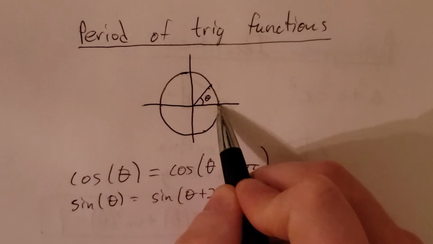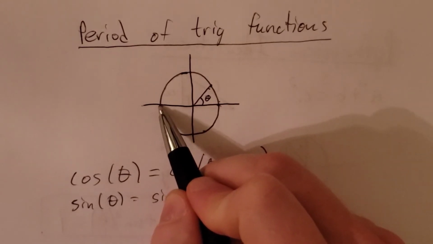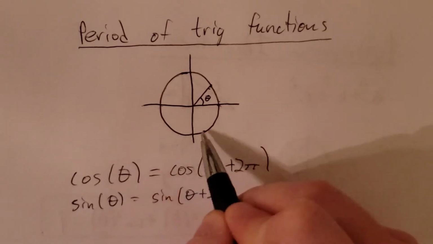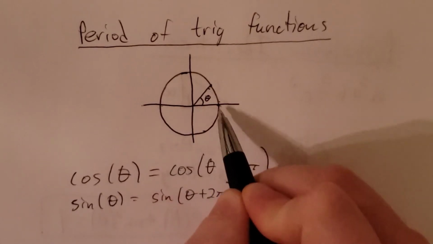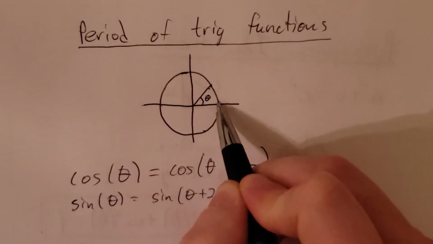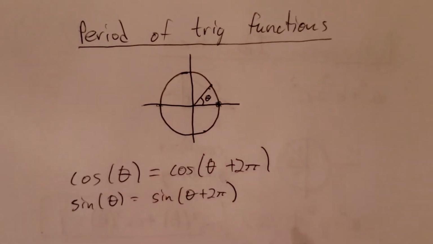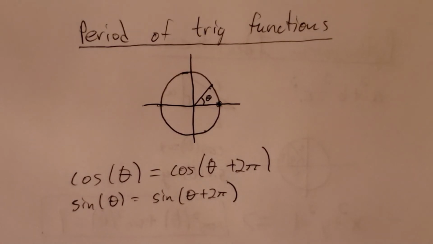So you notice that if we start at 0 or pi, or any multiple of pi, and we add pi to it, we always get back to one of these two spots, here and here. And sine of both of those values is 0. So you might think, oh, maybe the period of sine is pi, because every time I add pi, I get back to the same output, the same value.